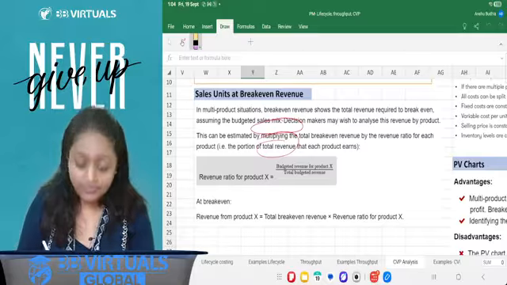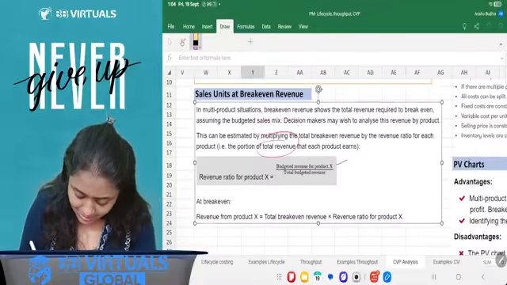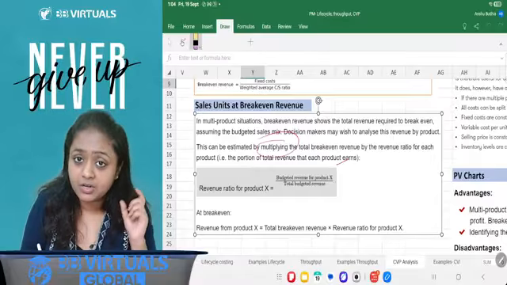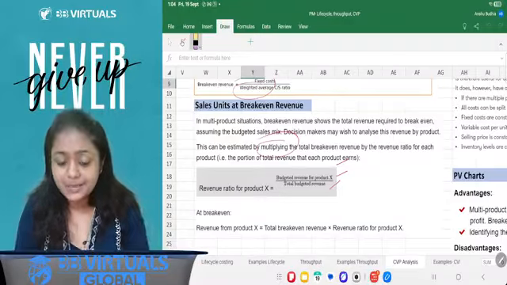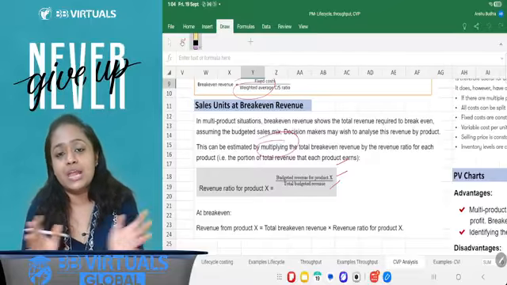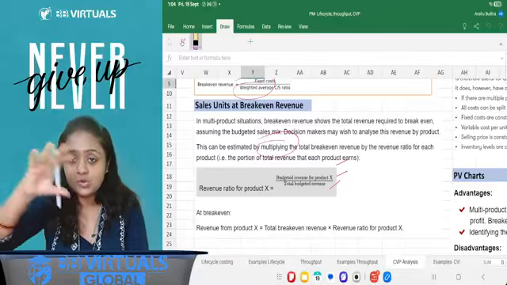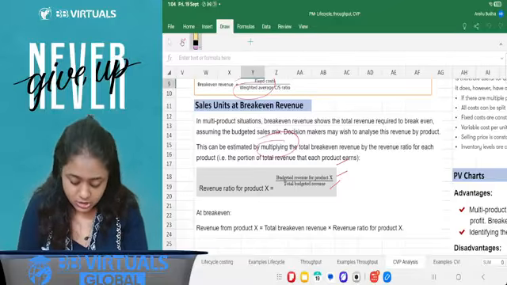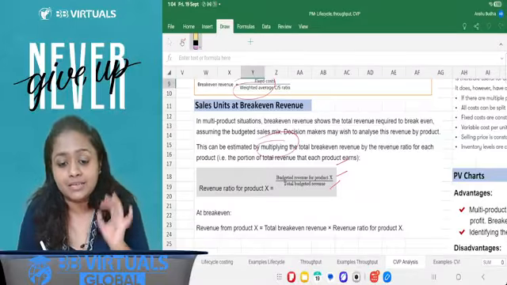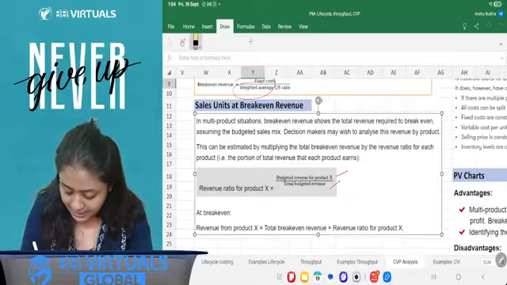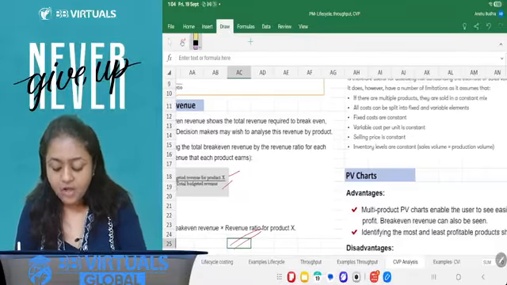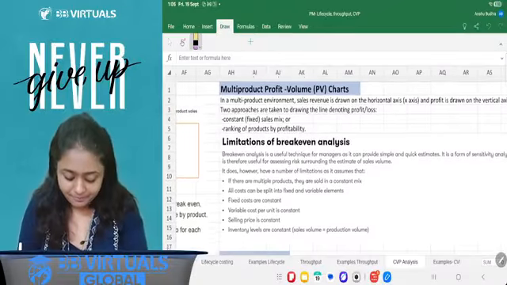For that you will need a revenue ratio, which is the budgeted revenue of a particular product divided by total budgeted revenue. This becomes your sales mix, in the ratio of which you will allocate the total budgeted revenue to the individual products. So at break-even, if you want to calculate the revenue of product X, that will be total break-even revenue multiplied by this revenue ratio, which we also call the sales mix.